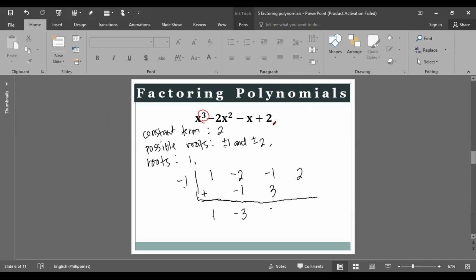Perform addition, we get positive 2. Then we multiply these two values, we get negative 2. Perform addition, we get 0. So again, since the remainder here is 0, we can say that negative 1 is one of the roots of this polynomial expression. So meron na lang tayong isang hinahanap.